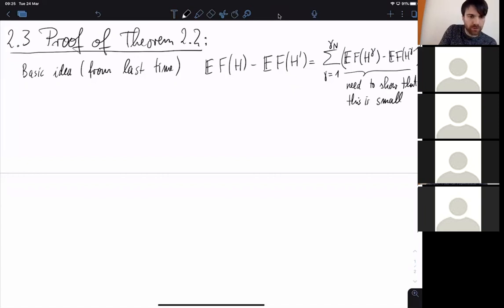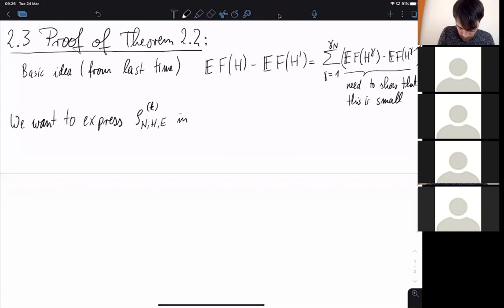So the first step that we have to do, the first computation, the first part of the proof, is to express the local intensity measures, the rho and h e k, the notation is a bit complicated, in terms of the resolvent G. Well, maybe I just recall it.